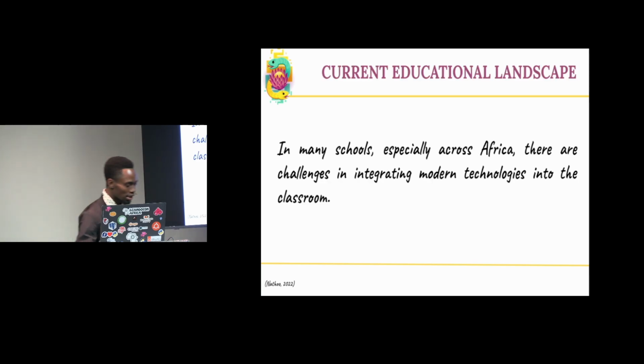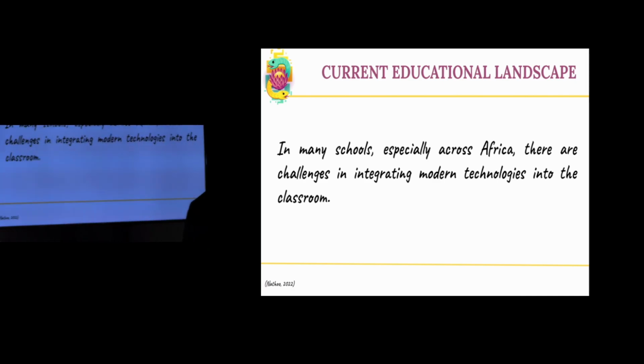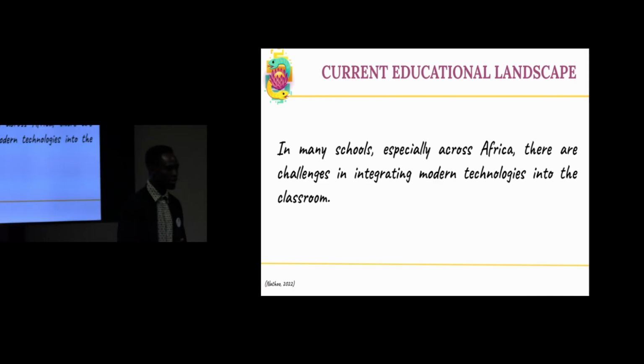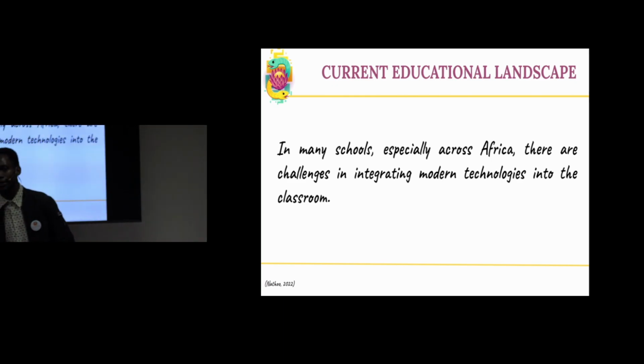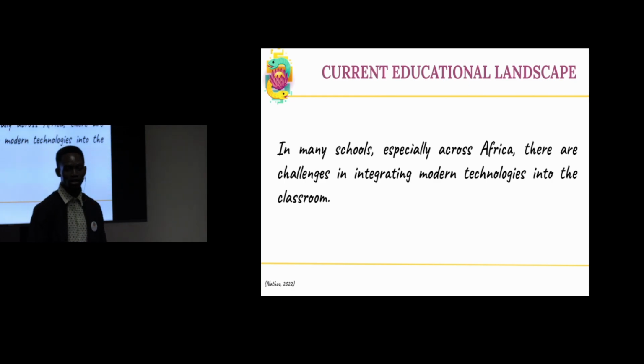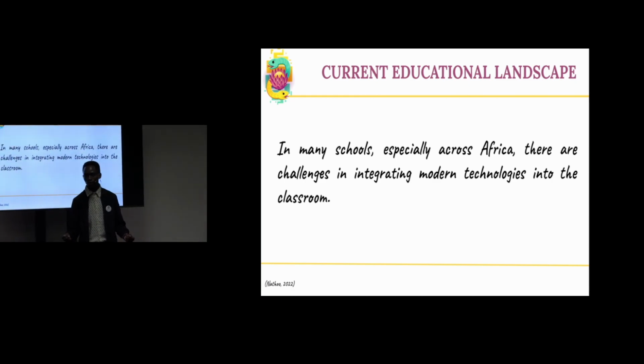The issue is that in many schools in Africa, specifically, there is a lack of integrating this type of technology into the classroom. We have many, many technologies, and now the conversation between education and technology is no more about education by technology itself. If people have to talk about technology, they have to talk about the inclusivity and quality of education, the accessibility, and also the efficiency.